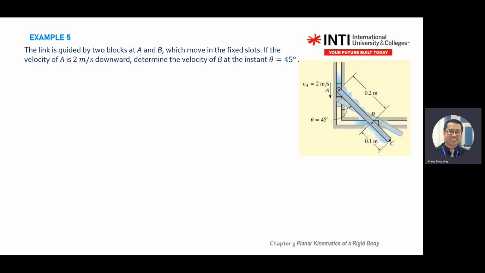Again, I refresh my question. When you move point A, how does B move? To the left? What's your answer? To the right. I don't know how you move to the left. How does B move to the left?